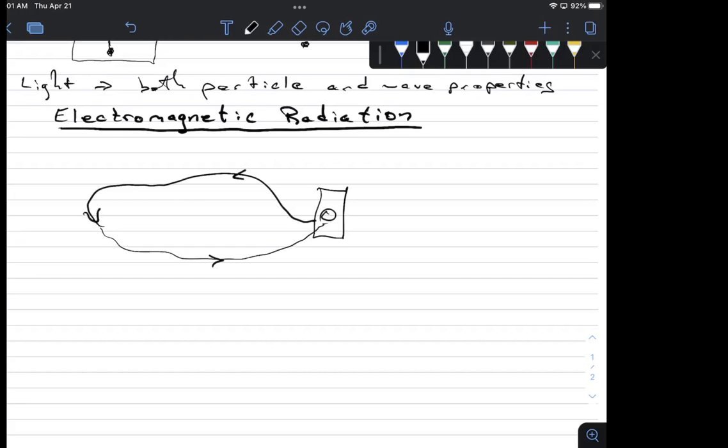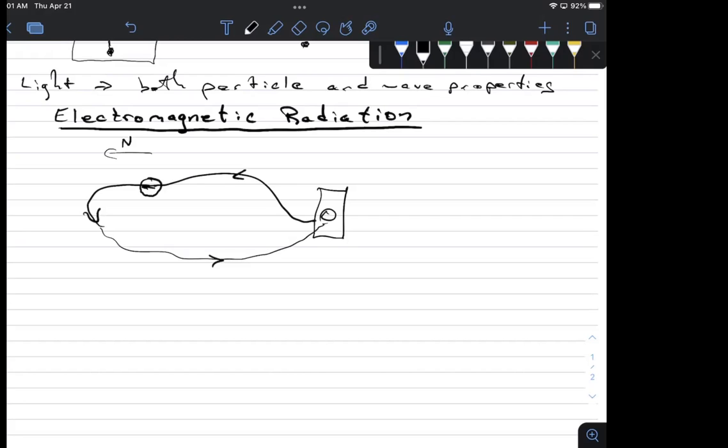So you have electricity flowing through this wire. If I put a compass underneath the wire, the compass, we know, has a needle that's magnetic, and it points in the direction of north. So let's say north happens to be this way. Right now the needle should be pointing to the left.